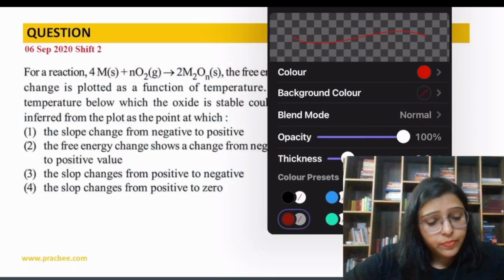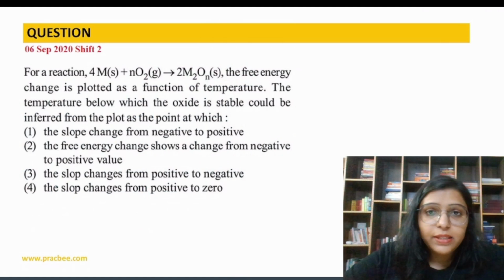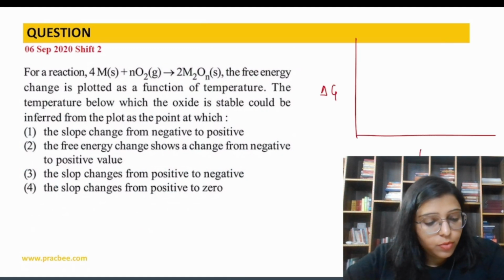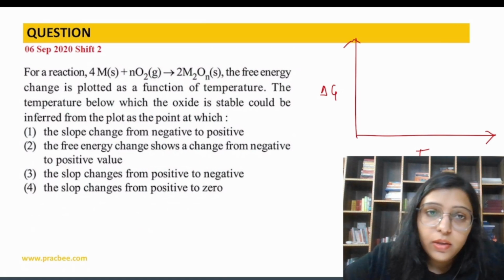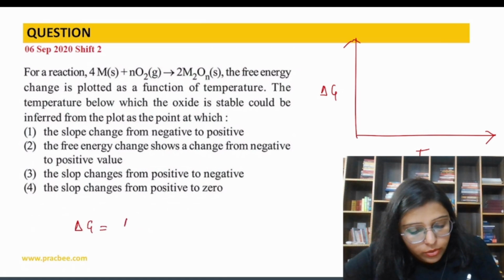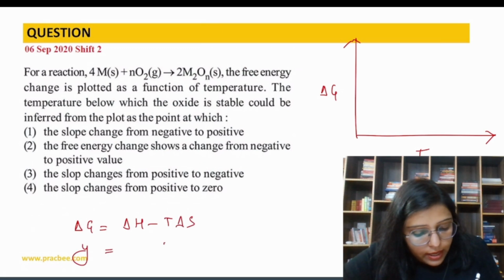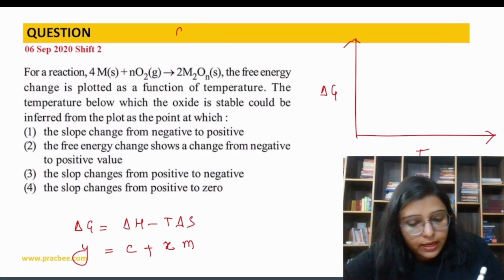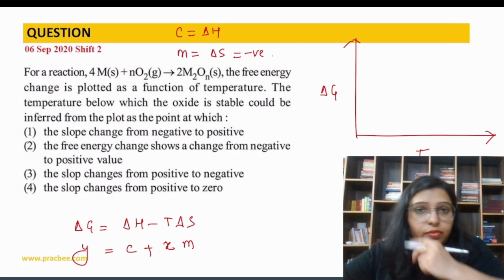Next question says, for a reaction 2M plus NO2 gives N2ON, the free energy change is plotted as a function of temperature. That is, delta G is plotted as a function of temperature. Fine. So we know that delta G is equal to delta H minus T delta S. So we can say this is Y, and this is X. Delta S is going to be the slope and delta H is going to be the intercept. So the slope is going to be negative, so we have the negative slope.